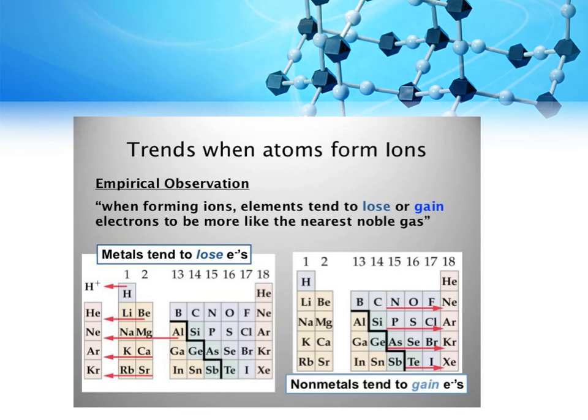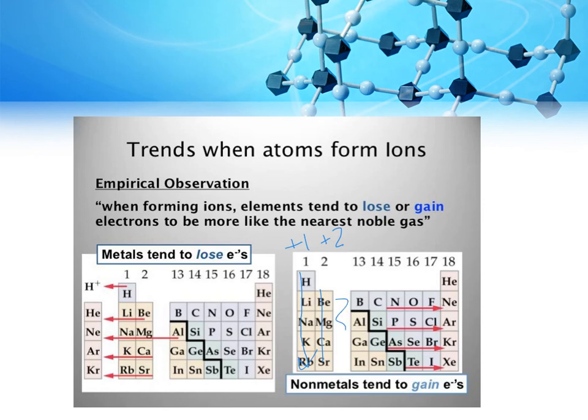And so let me fill in what I just went over. Here is group 1A. You remember on the last page I said they tend to lose an electron and end up with a +1 charge. Group 2A loses 2 electrons, so when they become ions, they have a charge of +2.